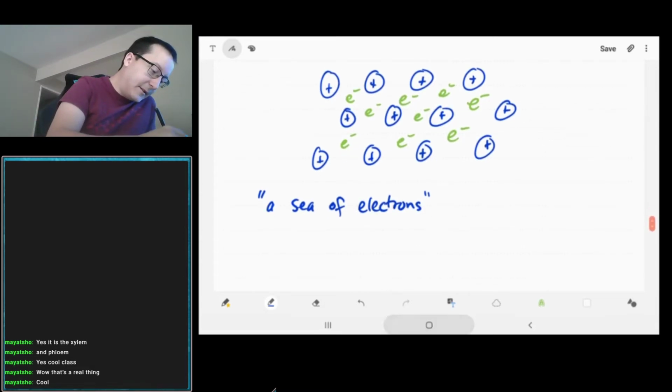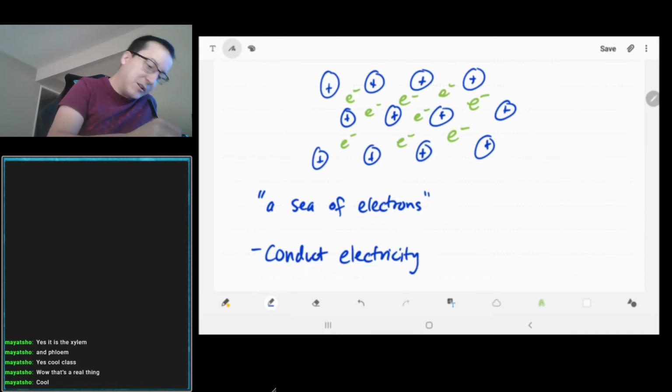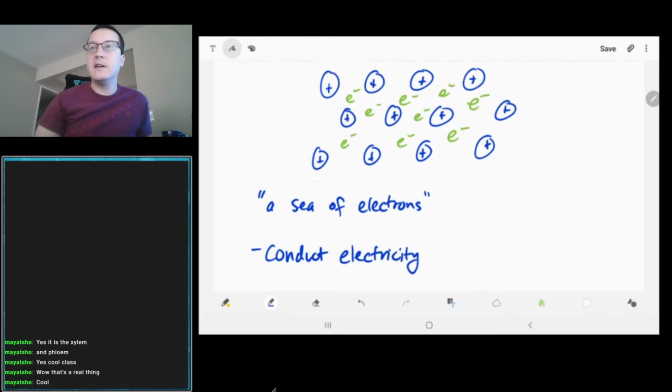As a result, these conduct electricity. Electricity is just electrons, right? So these already have electrons just hopping around, flowing, ready to go. So if you force it to carry electrons, it says, no problem, I got this.